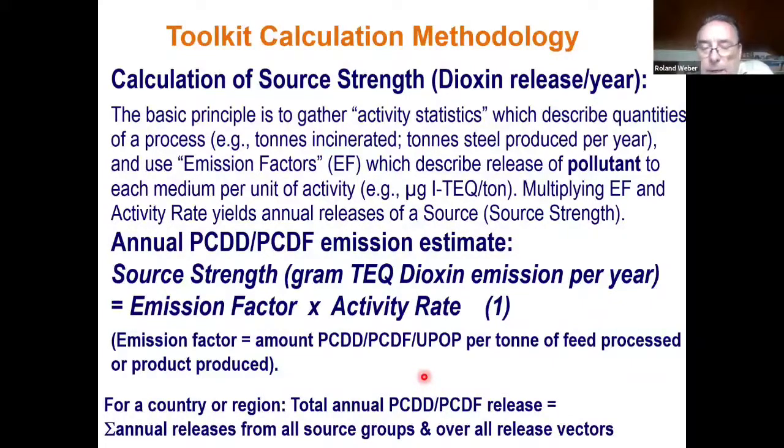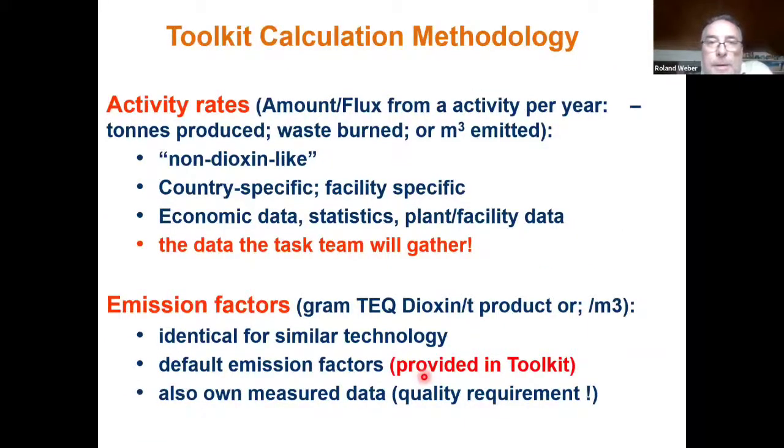And then by summing up all these sources, finally, you can calculate the total dioxin release. So therefore, what you will do is to look for the activity rates, the amount of waste incinerated, the amount of steel produced or copper produced. So these are non-dioxin-like numbers. They are country-specific and facility-specific.